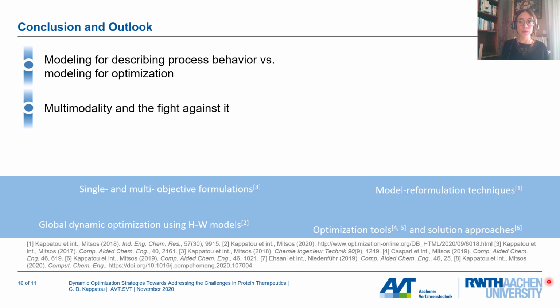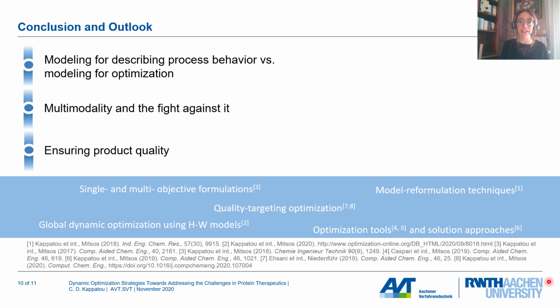I've shown to you how nonlinear and non-convex optimization problems can get stuck in suboptimal local solutions, and how we can use heuristic and stochastic approaches to obtain superior local solutions. However, only deterministic global dynamic optimization can guarantee convergence to the truly optimal global solution.